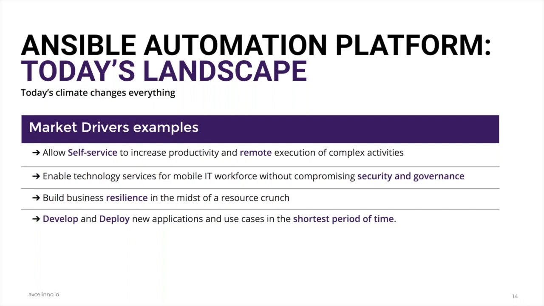Automation is a key piece to that, and so is the collaboration. And the other thing too is it seems like everybody wants something yesterday, so how can we build, develop and deploy applications using automation and get it done in the shortest period of time possible? Again, it always comes back down to the automation, not only of building and deploying, but everything that is needed to support that.